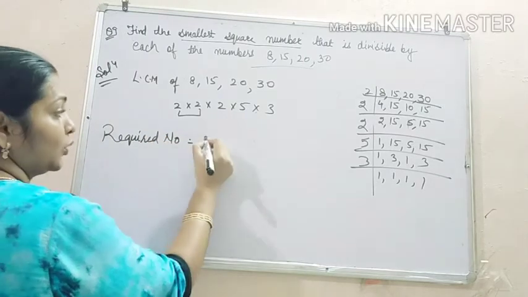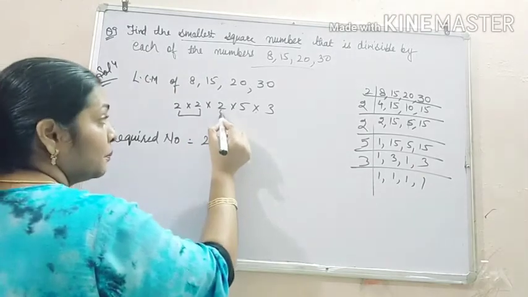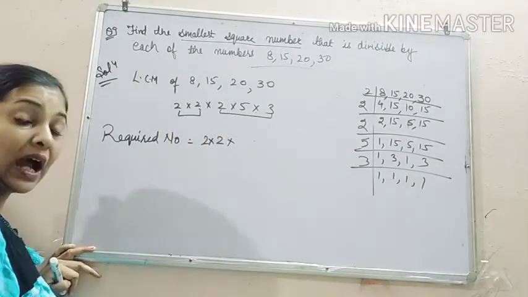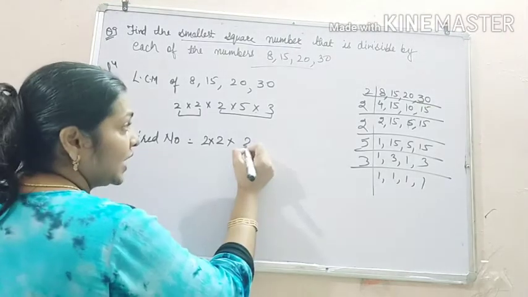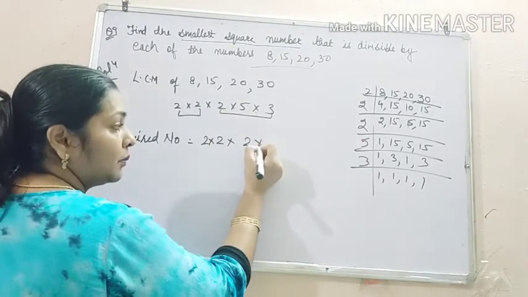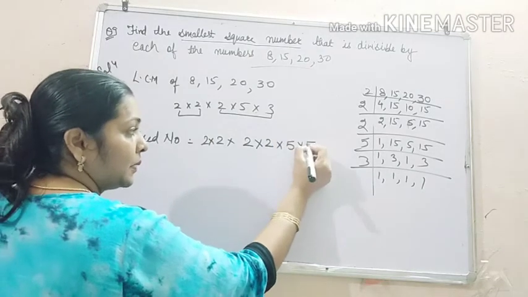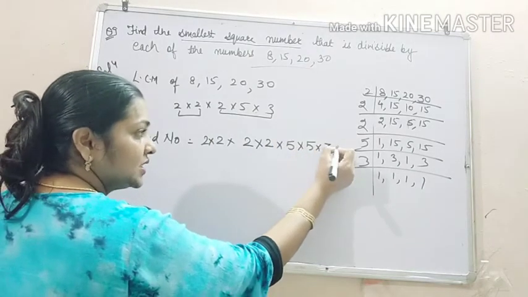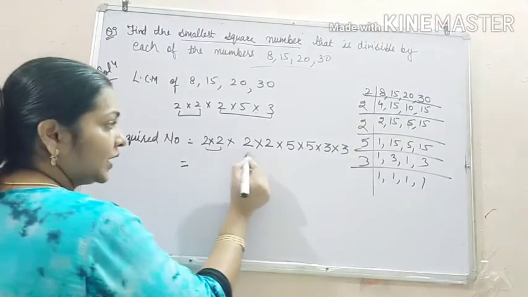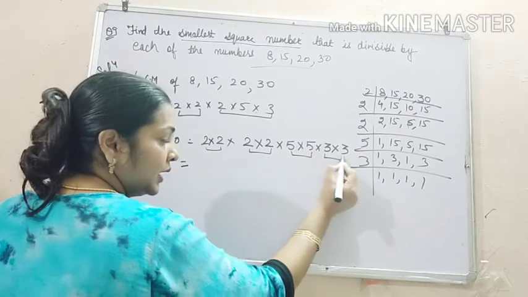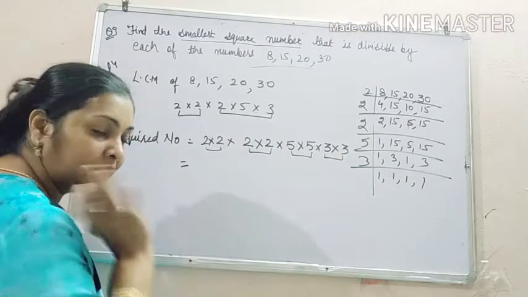will be equal to, what we have to do? Just multiply the idle factors by the same number. Here we are having one 2, multiply it by 2. One 5 is there, multiply it by 5. And one 3 is there, multiply it by 3. Now all the factors are in pair. That means that this number is a perfect square.